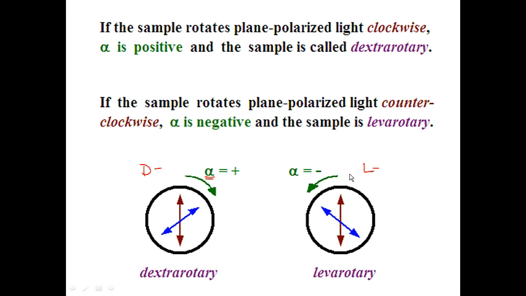So overall molecules, when you determine their optical rotation, that's what we call this, optical rotation, or the textbook calls this optical activity. One enantiomer will be the D enantiomer, and the other enantiomer will be the L enantiomer. So we have the dextrorotary and the levorotary enantiomers.